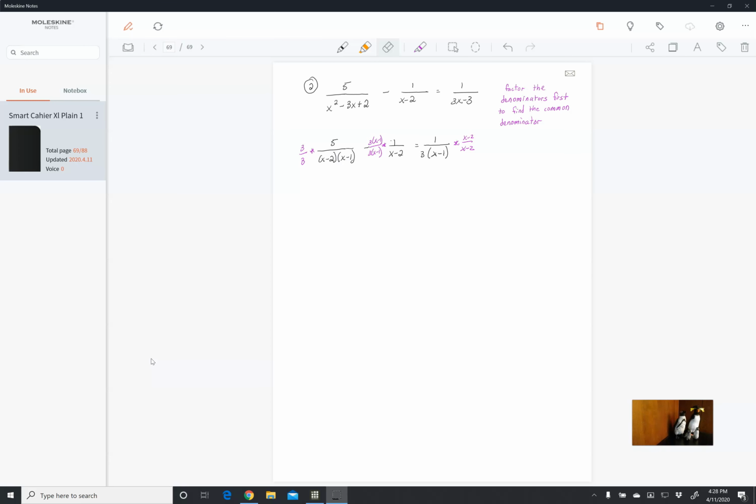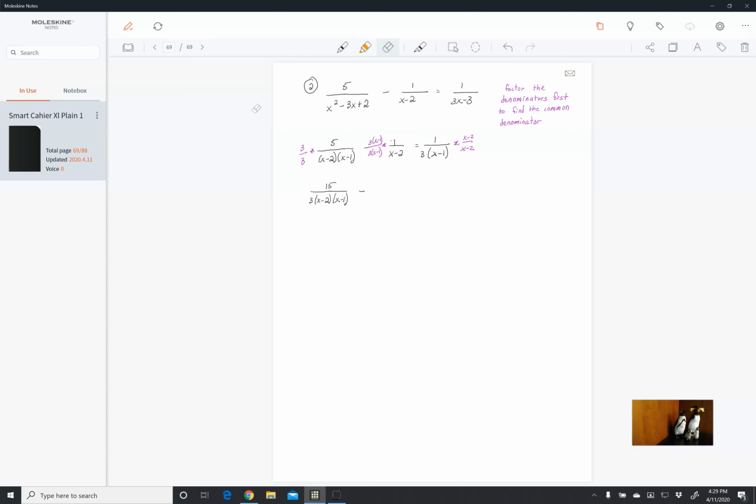But okay. So now we just multiply. 3 times 5 is 15. Remember, don't multiply the denominators unless it becomes necessary, and it's rare that it's necessary.